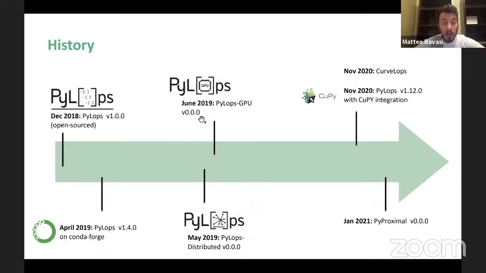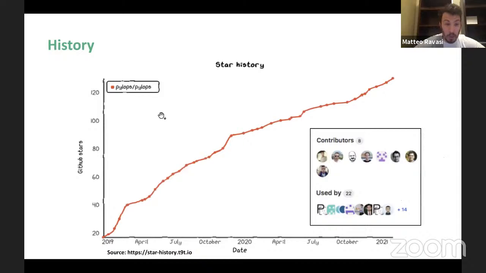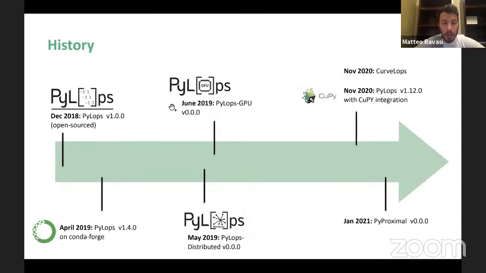The first one is what at the start we called PyLops+cupy. It turns out that it was much better to implement the GPU backend straight in PyLops, as I said. But this library started as an attempt to implement some of the operators using PyTorch, and revealed actually quite useful, because we created a very tight link between PyTorch and PyLops, allowing any of the PyLops operators now to also be included in PyTorch autograd.